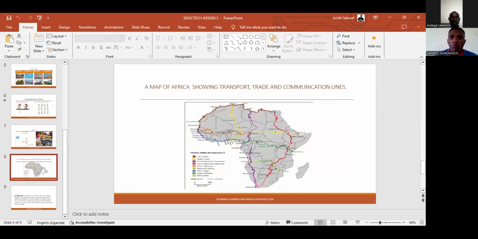So let's move on to another key word, that is Africa. We are going to see where Africa is located, where different types of transport, trade, and communication lines are, and where development has been taking place in Africa.